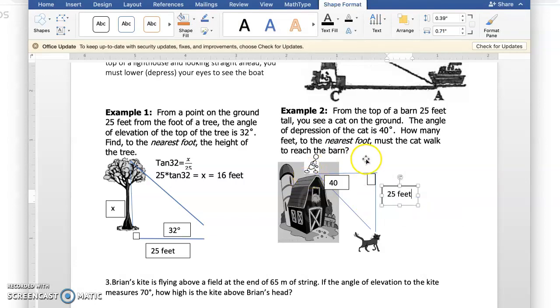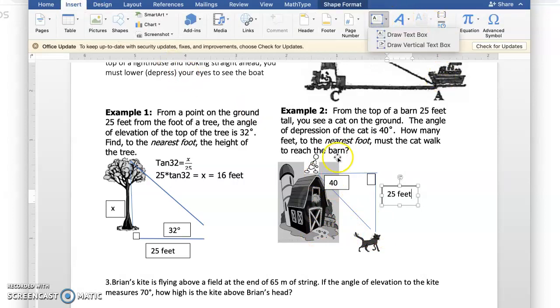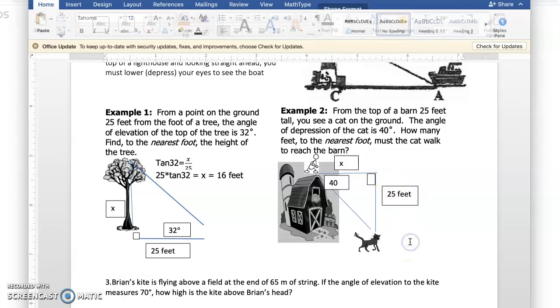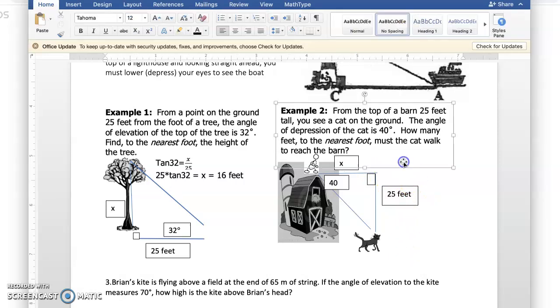And I want to figure out how many feet the cat must walk to reach the barn. So that would be this side length here, because how far away is the cat from the barn? Our x would be the top portion of this triangle we drew, because I want to know how many feet the cat needed to walk to reach the barn. So once again, I have to determine what trigonometric ratio would work for this example.